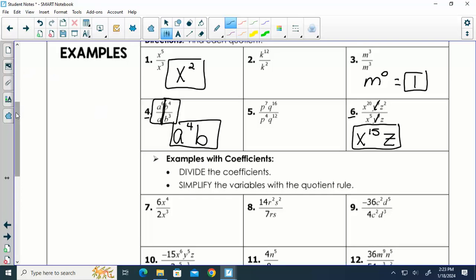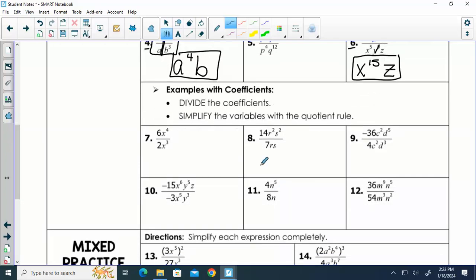So if I look at, let's do number 8. So we're essentially combining like parts. So for my coefficients, 14 divided by 7 is 2. Okay, then we look at our r's. R squared divided by r will be r. We look at our s's. S squared divided by s is s.